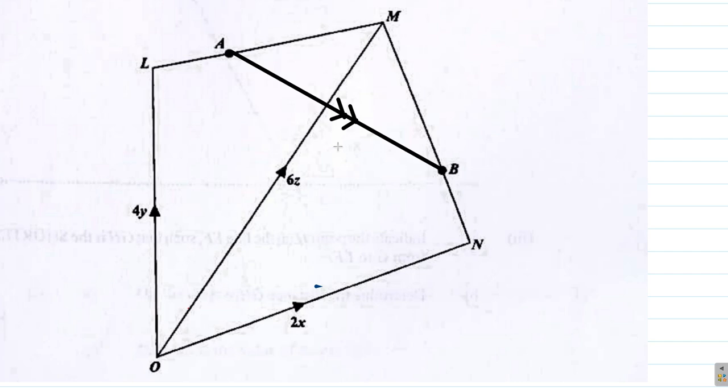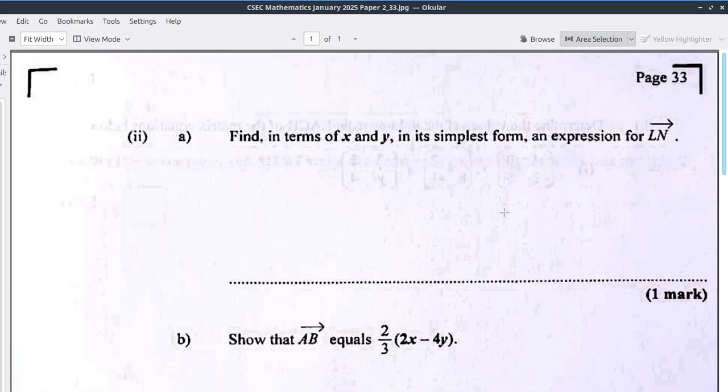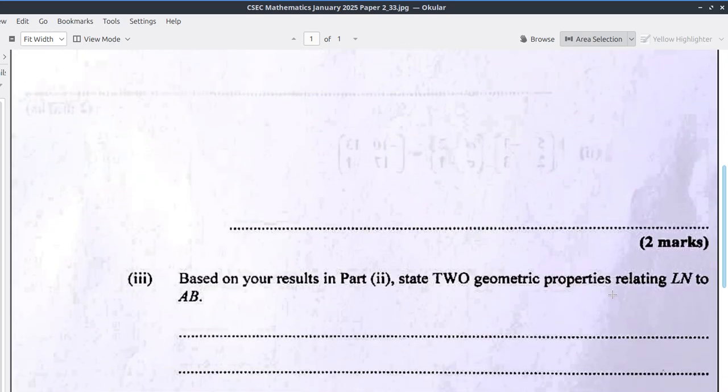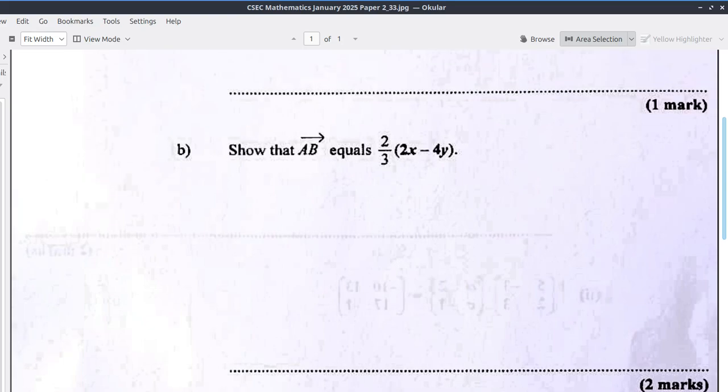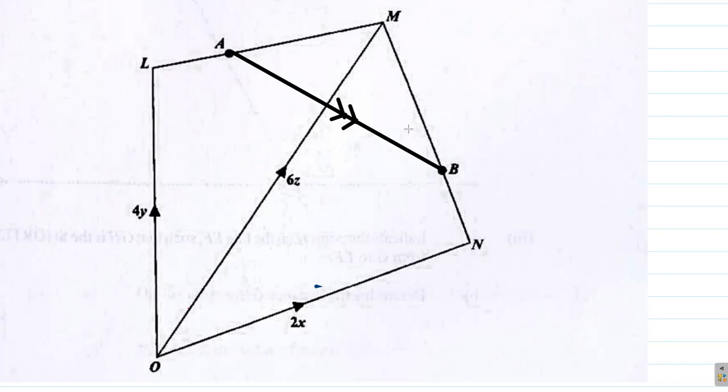Alright. Now, here. Oh, and by the way, how many marks did they give for these parts again? 1 mark for up here, but 2 marks for this. Only 2 marks. So we're going from A to B. Alright. Now, if you're going from A to B, you end up at the same place as when you go from A to M and then M to B. So AB is AM plus MB.